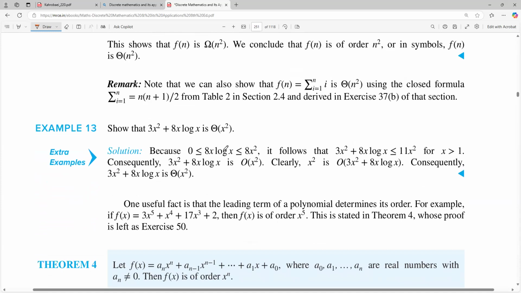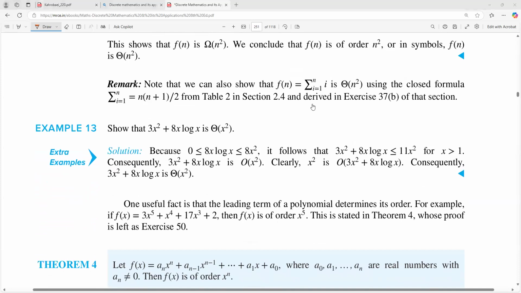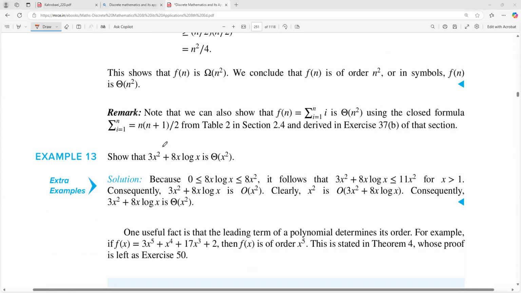Let's do this one. Alrighty, so we want to show that 3x squared plus 8x log x is big theta of x squared. Okay.